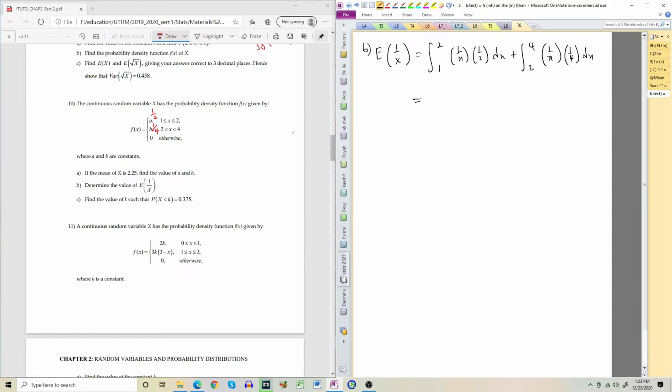For this integration, maybe I can help you. Let me help you here, because it involves ln. Most of you, I think most of you forgot how to integrate this. Just recall back. 1/x, if you integrate, you will get ln x.